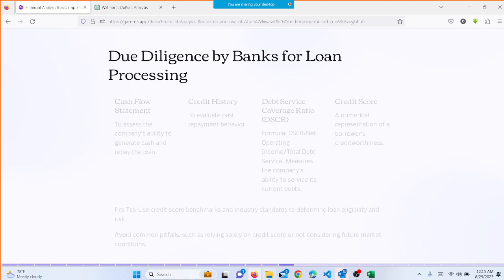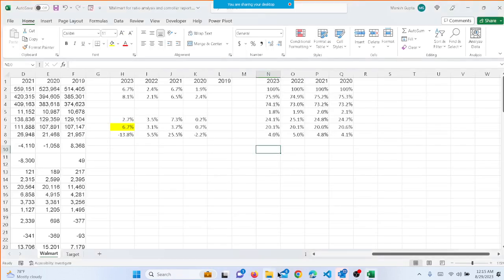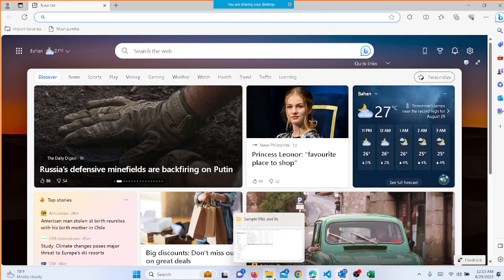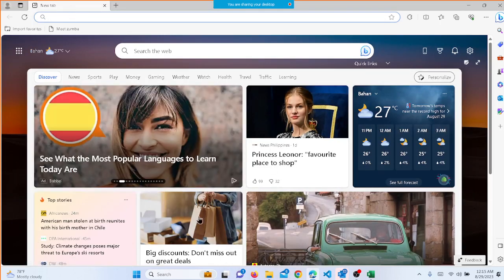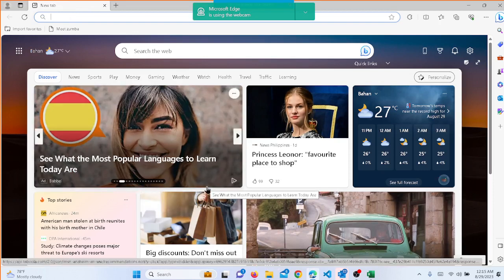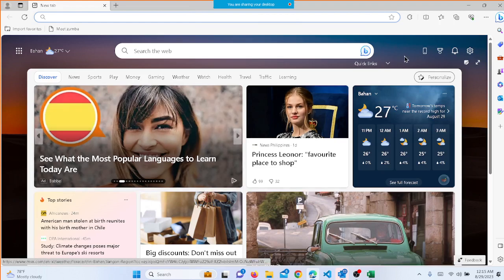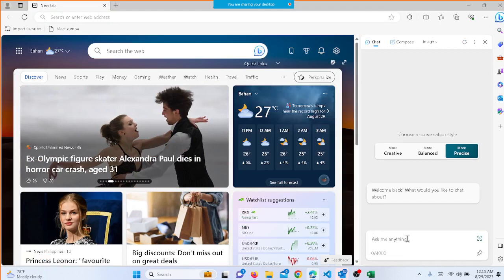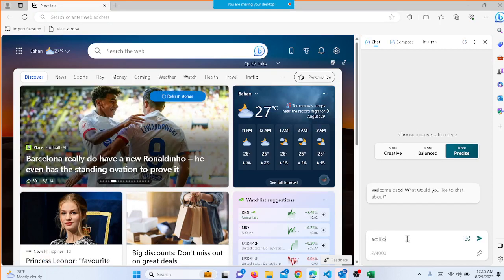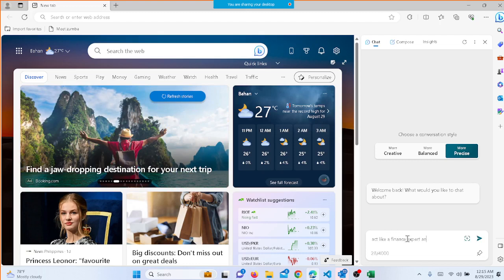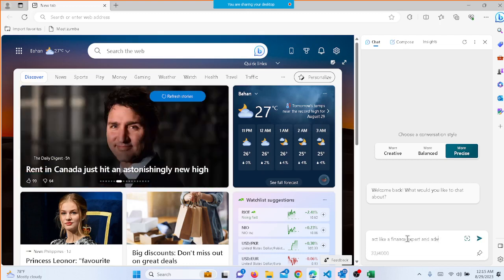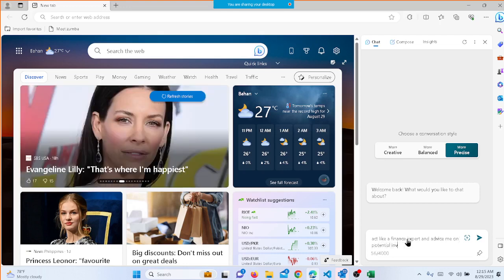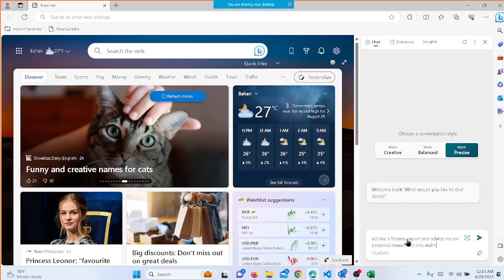Right. You can also use AI to help in making the case for the judgment. Let's say you want to use the free version, you can use Bing, because ChatGPT 3.5 does not have internet access, so it will not be able to give you the right answer. But Bing has more information. So you can say, act like a finance expert and advise me on potential investment into Walmart.